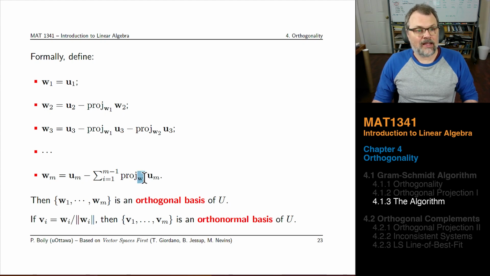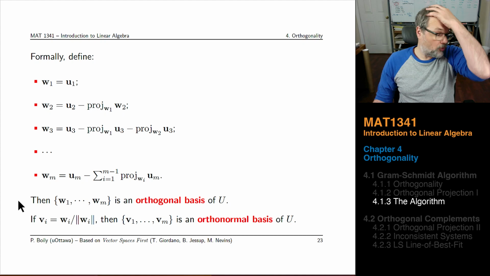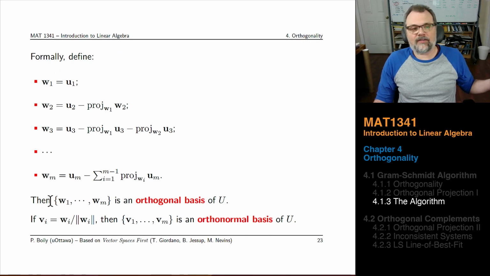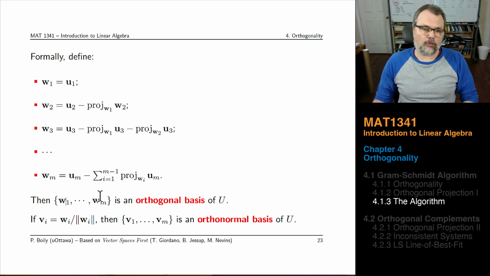At the end of the day, this set is then an orthogonal basis of U. If you need an orthonormal basis, then you just take all of your orthogonal vectors and divide them by their lengths. And that gives you an orthonormal basis.